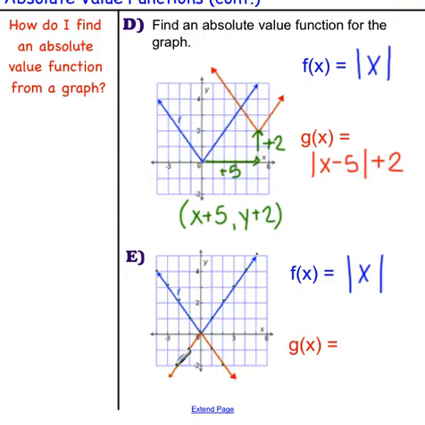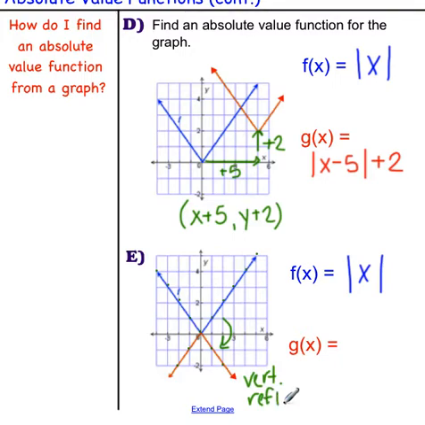It also, both of them stem from the origin, which means that there's no shift, but it is upside down, which tells me that there's a reflection. It reflects over the x-axis, which means that it is a vertical reflection.